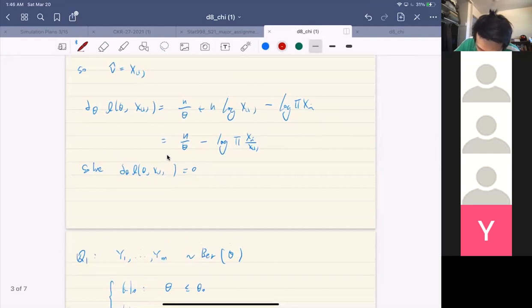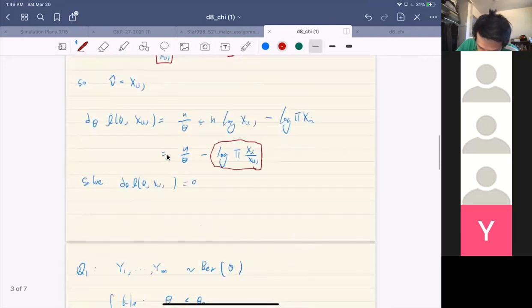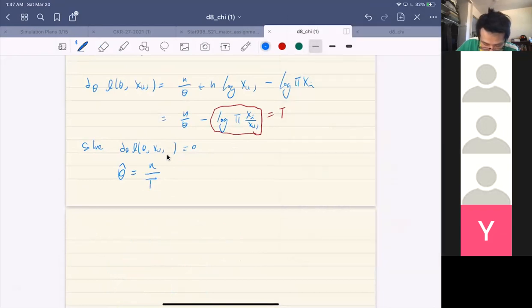So that means this one is equal to t. So if we solve this, we get theta hat equal to n divided by t.